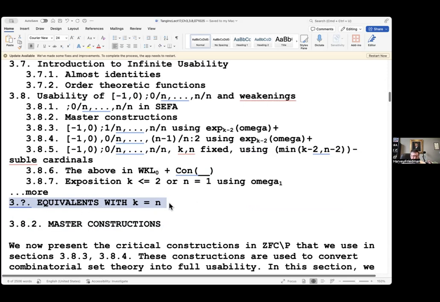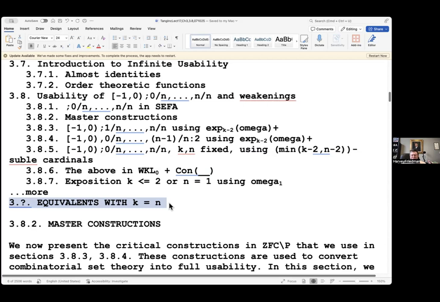This is equivalence with K equals N. Just about everything that we feature in here is equivalent to when you have K equals N, and that's needed to justify why our reversal is taking care of everything we want.